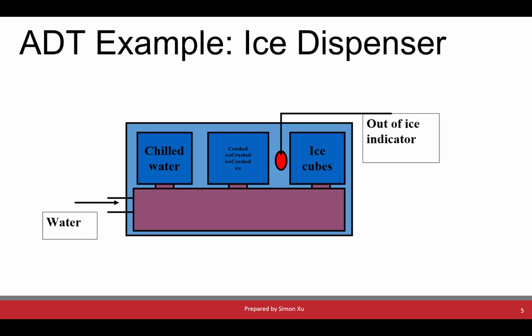During the implementation phase, we need to decide the internal structure. We should use a manual approach or mechanical approach or electronic, and then we need to implement those operations: is empty, make water chilly, and so on. People who use the ice dispenser don't know whether the internal structure is a manual approach or mechanical approach or electronic one.